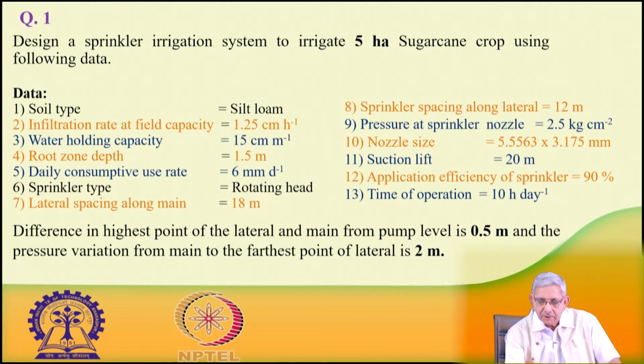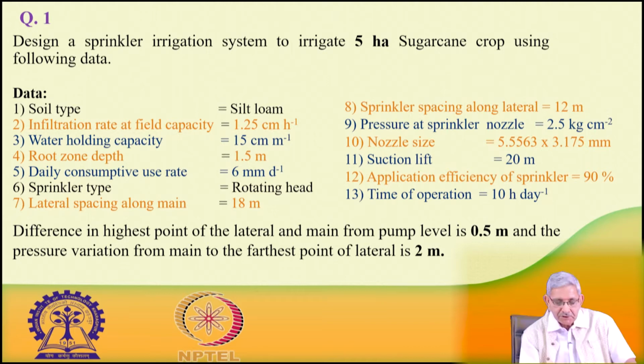So, in this 5 hectare area we have a sugarcane crop, and the soil texture is silt loam soil. It has infiltration capacity of 1.25 centimeter per hour.